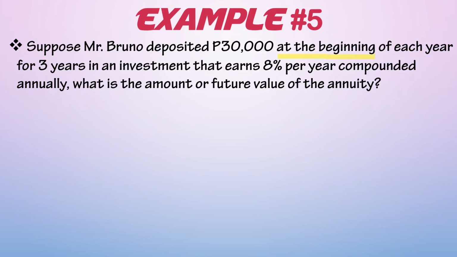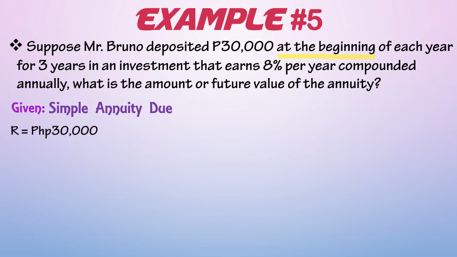Therefore, this is an example of annuity due. So the given here is 30,000 for your periodic payment. The time is 3 years. Rate is 8%, compounded annually. So we will have m is 1. And we are asked to find the future value.